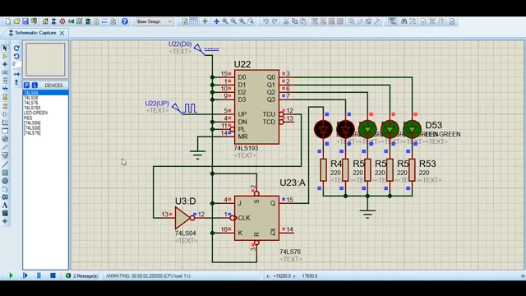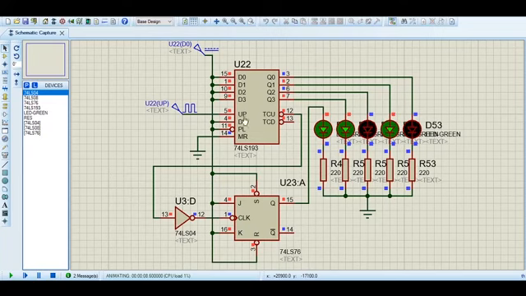Here we have one 74LS193 that holds the 4 least significant bits of the 5-bit counter, and one 74LS76 that holds the 5th bit or the most significant bit of the 5-bit counter.